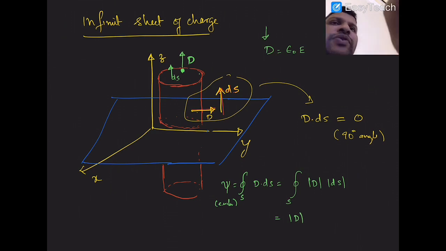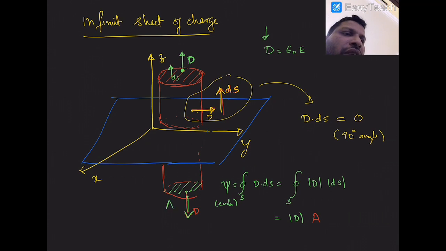So what is this area? Let's say this area is A. Like this, you have a surface here also. You have this D also, the same meaning. So you have D here also, and what is the area?